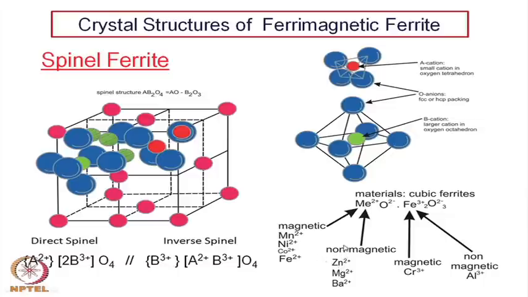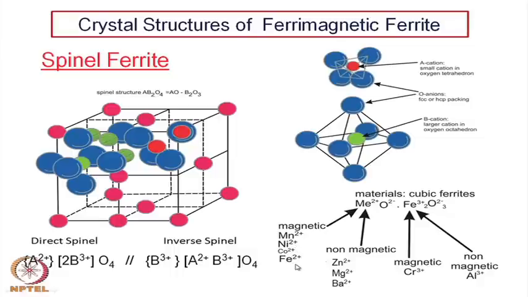Some of them are non-magnetic, they do not have a magnetic moment, since there are no unpaired electrons. So, these cations like zinc 2+, magnesium 2+ or barium 2+ can go into this substance, but they do not have the magnetic moment, whereas other magnetic cations like Mn2+, Ni2+, Co2+ or even Fe2+.